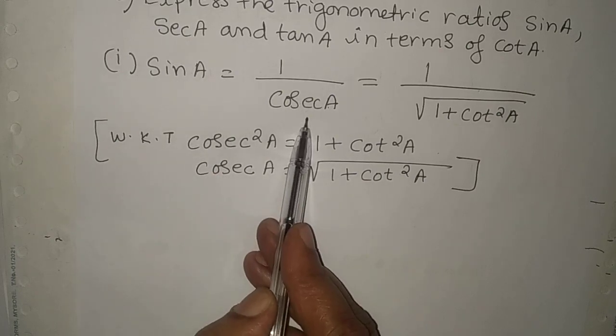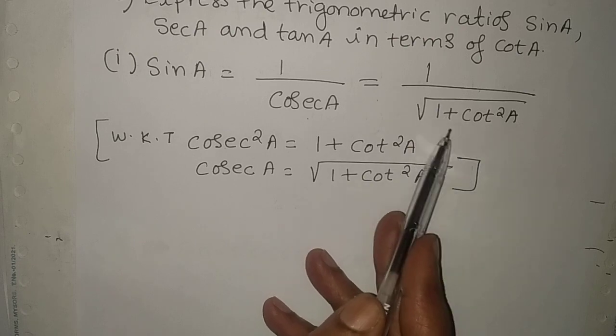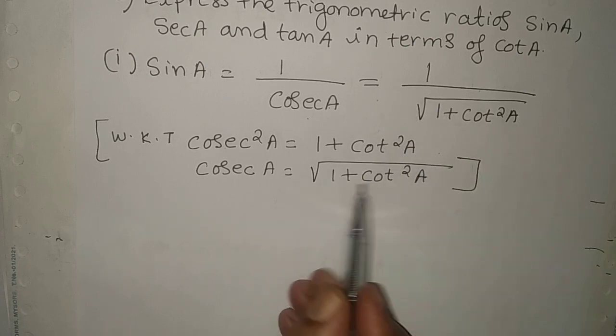Sin A is equal to 1 by cosecant A, so sin A is equal to 1 by square root of 1 plus cot square A.